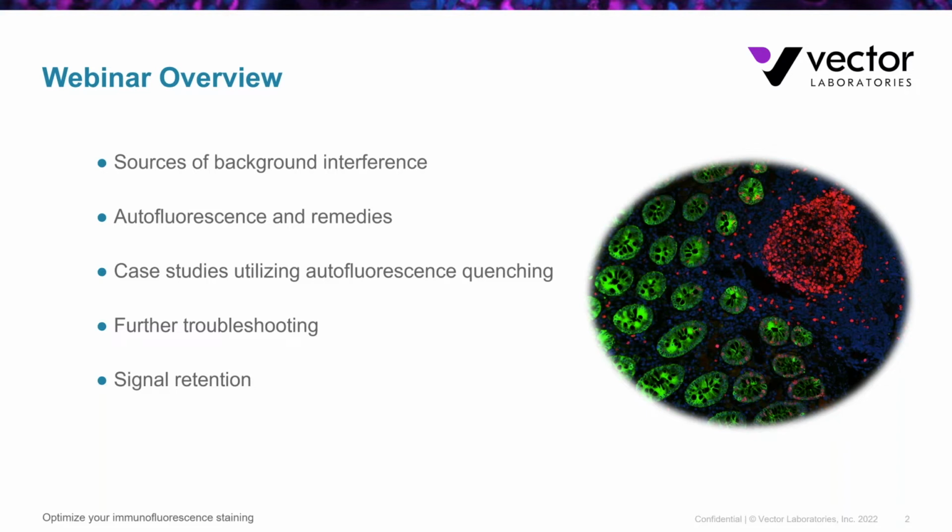And we'll have a look at some case studies that really underscore how prevalent autofluorescence is in these immunofluorescent-based assays. Then we'll look further afield into additional troubleshooting beyond autofluorescence. Then we'll finish up with trying to retain the signal that you have worked so hard to achieve.